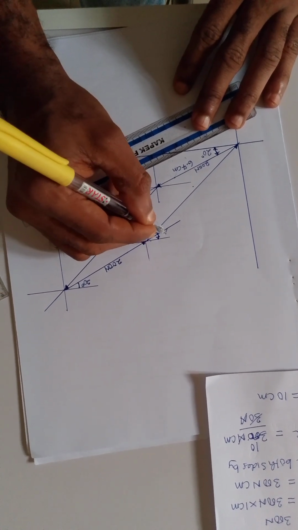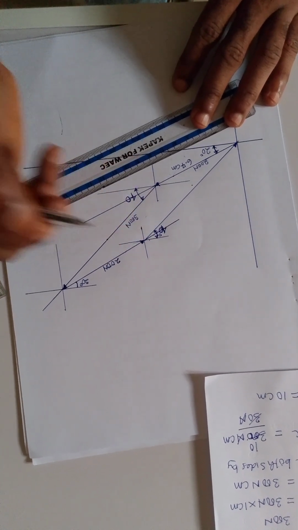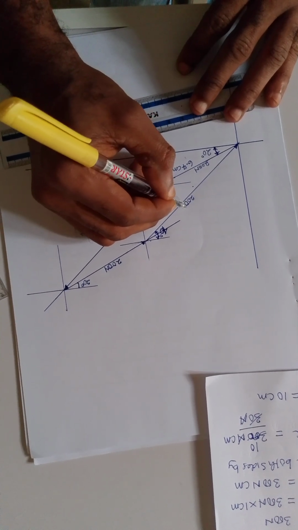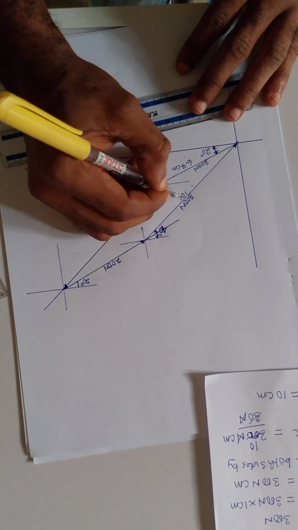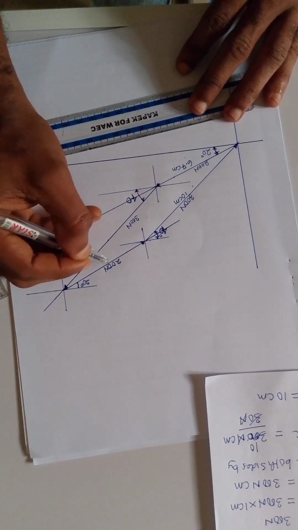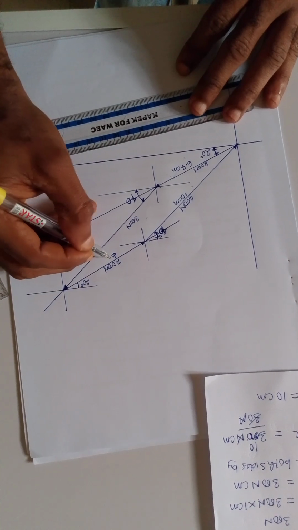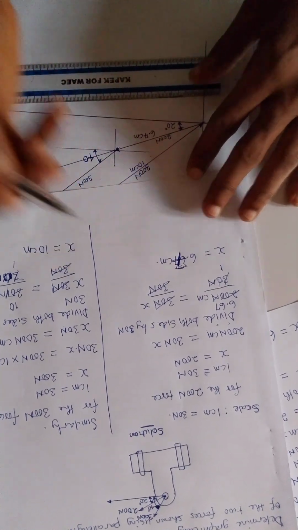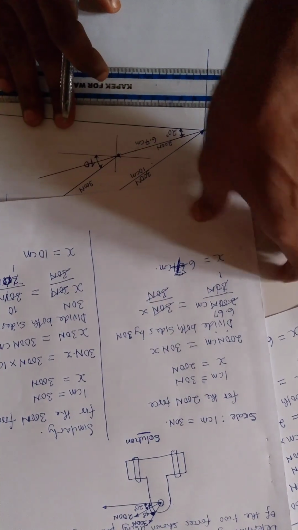This is 40 degrees to the horizontal, and this is the 300 Newton force, and the length here is 10 cm. And this is the 200 Newton force. The length here is 6.7 cm. So let's correct this to 6.7 cm approximately.